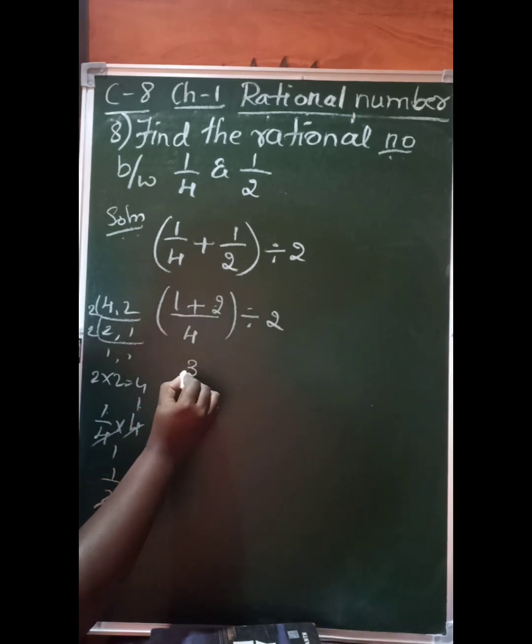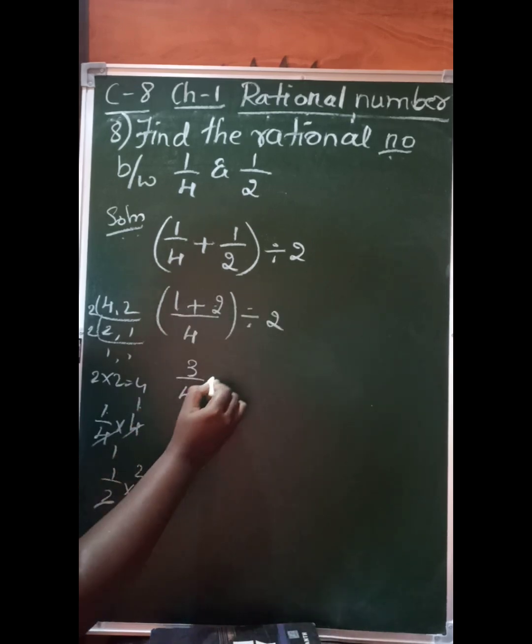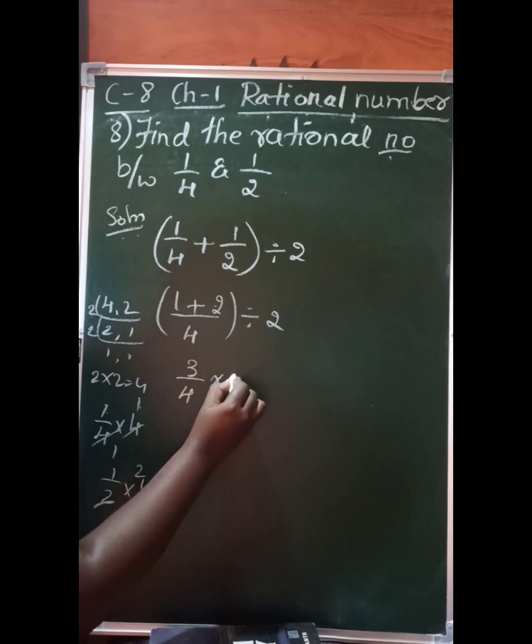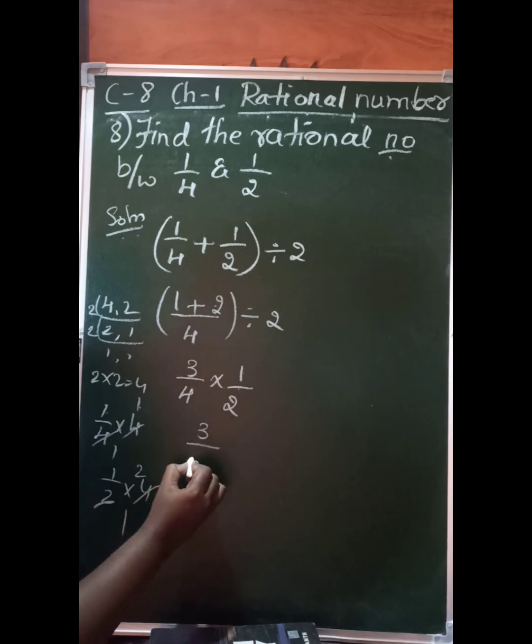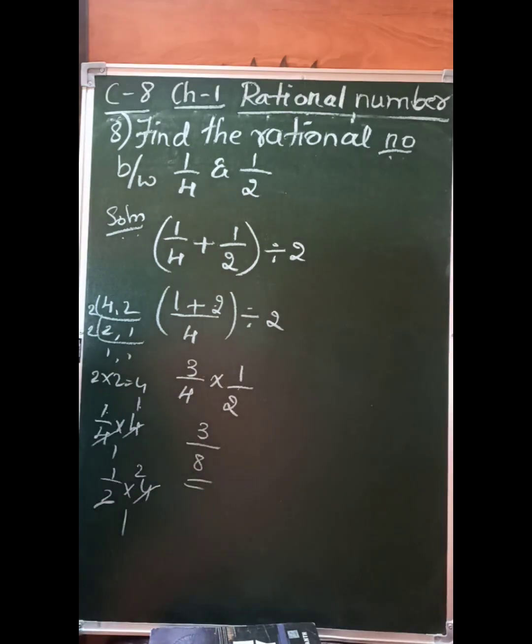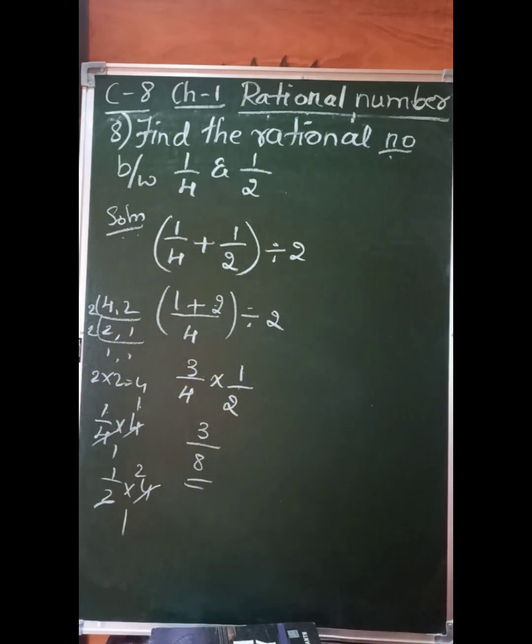So this is 3 by 4. Divided by 2, you can write it as 3 by 8. This is how you can solve the rational number between 1 by 4 and 1 by 2.